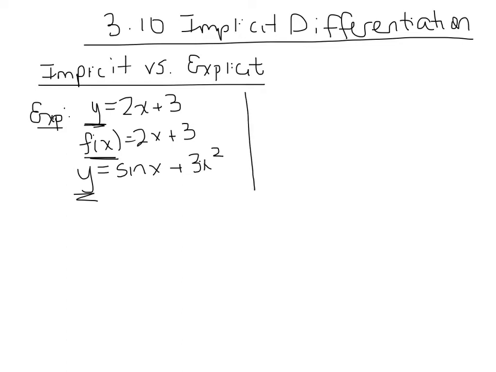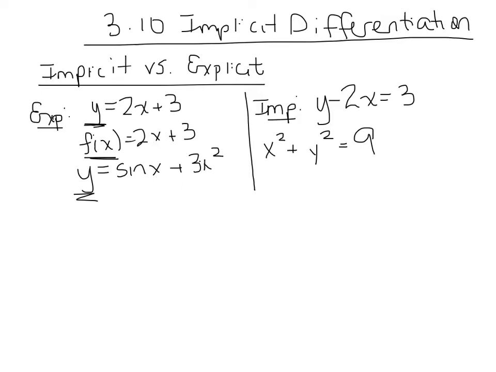The sort of opposite of that are what are known as implicit functions. And that would be something where you take this first function, you could write it as y minus 2x equals 3, and now it's an implicit function because we haven't explicitly solved for y. Similarly, you could have something like x squared plus y squared equals 9, and that's an equation where the y is not explicitly solved for, but it's still an equation.